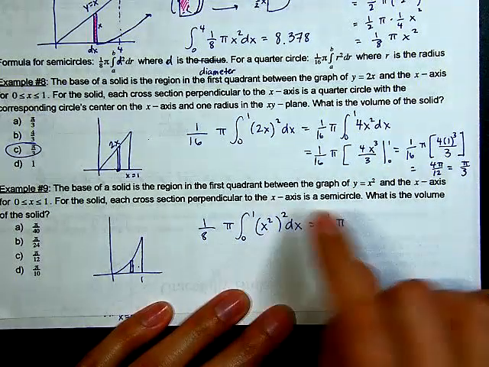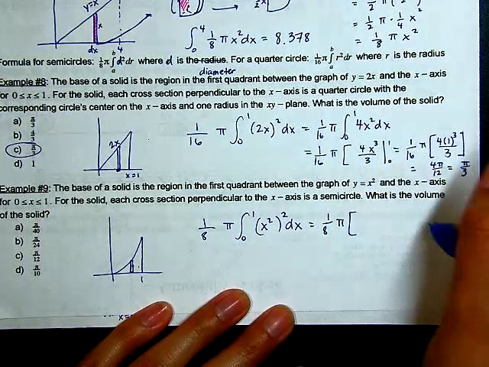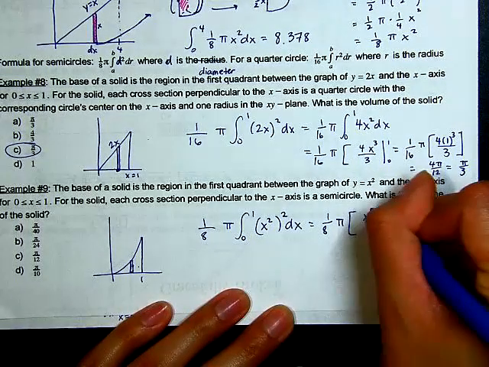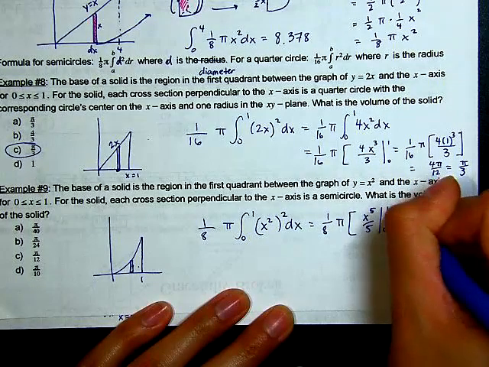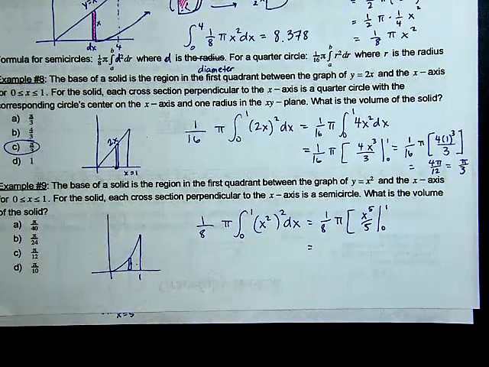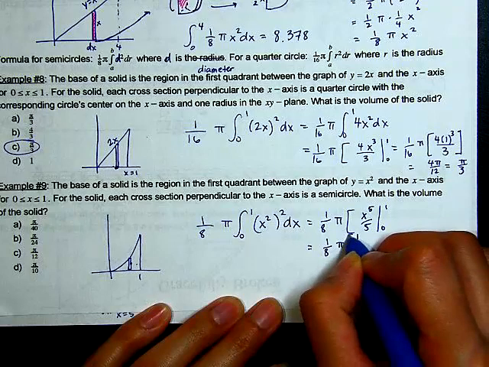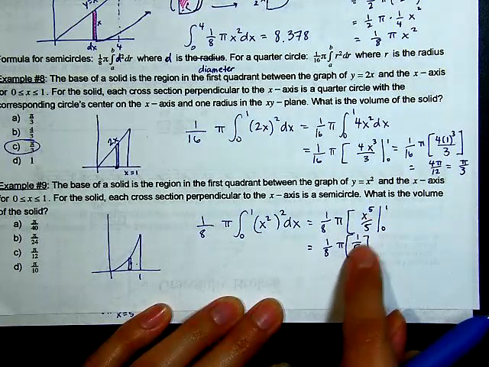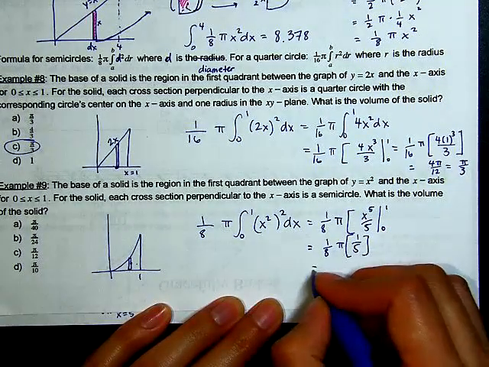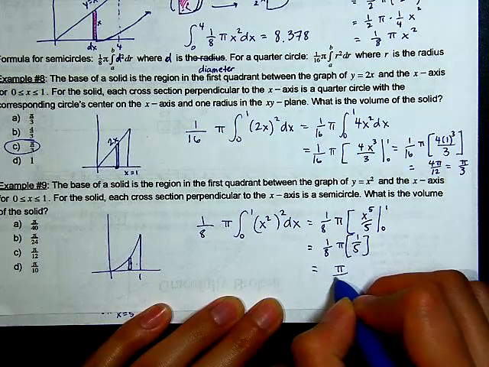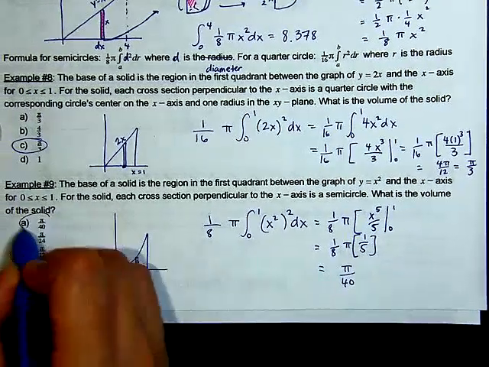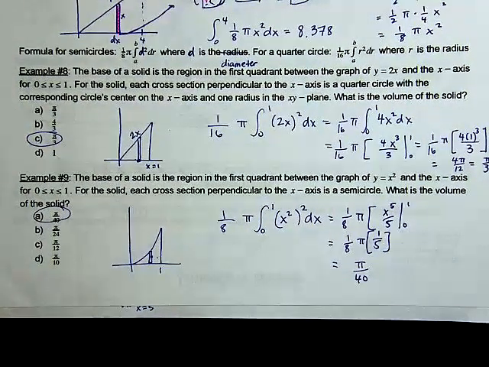When you square an x squared, you get x to the 4th. The antiderivative of x to the 4th is x to the 5th over 5. So when you plug in 1, you get 1/5, and then when you plug in 0, it's nothing. So you end up with pi over 40. And there you have it.